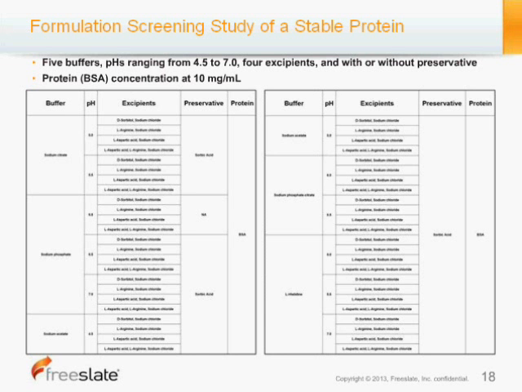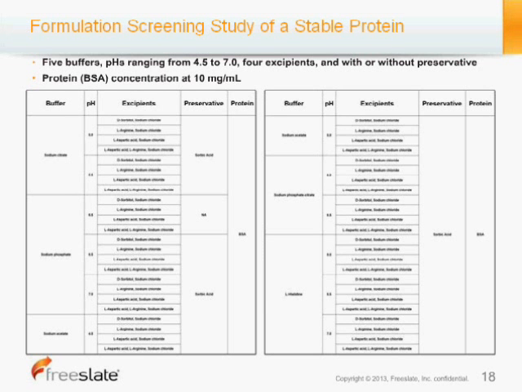This is just split up into two tables of 48. And so this is the design to show where we're starting from and how we then will create these formulations using stocks and the automation.